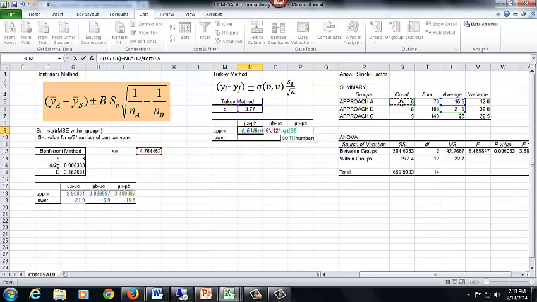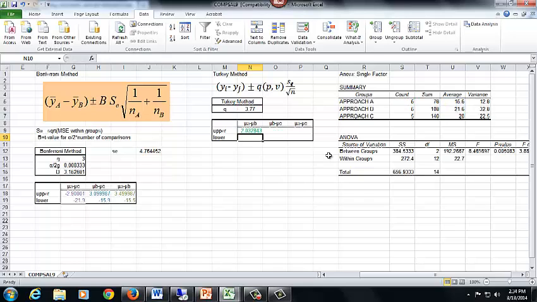Instead, what I would do, I would divide by the square root of 2, because I'd be comparing 2 different approaches, and then multiply that by the square root of 1 over the number of observations in each grouping, like you see here in the Bonferroni method. So this methodology can also accommodate a different number of observations in each group, even though it doesn't look like it just based on the shortened formula that I've shown you right here.